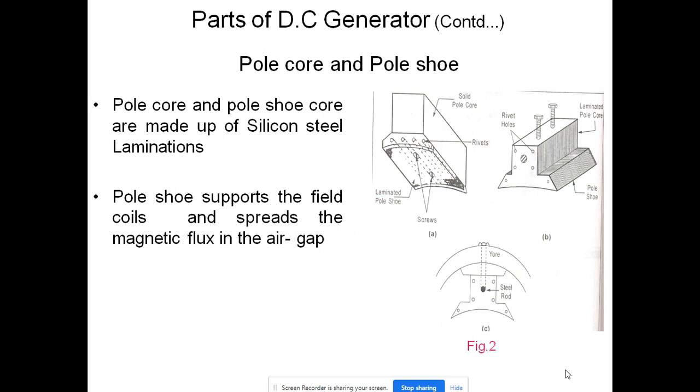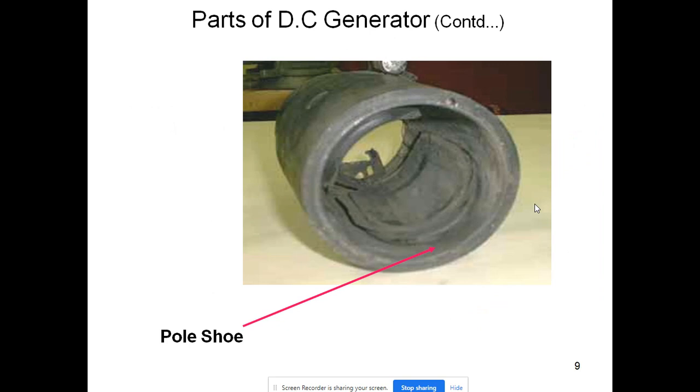This is the pole shoe. This pole shoe spreads the magnetic flux in the air gap, and it supports the field winding. The field winding is wound on this pole core. In this diagram, we can see the pole shoe, and practically we can see the pole shoe.